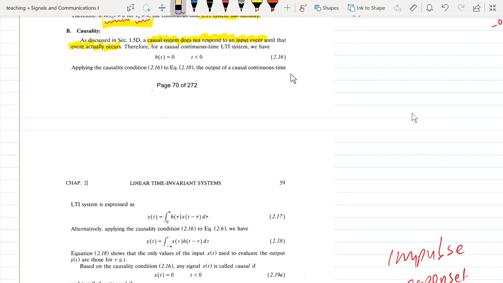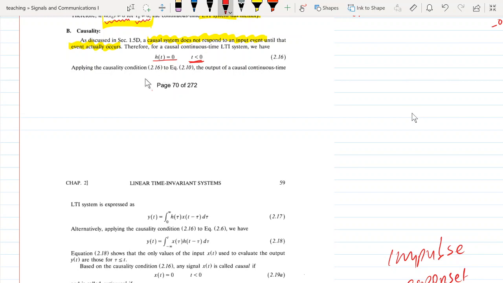That is, for a causal continuous time LTI system, h of t will be equal to 0 if t is less than 0. So before the event occurs, the impulse response will be 0.